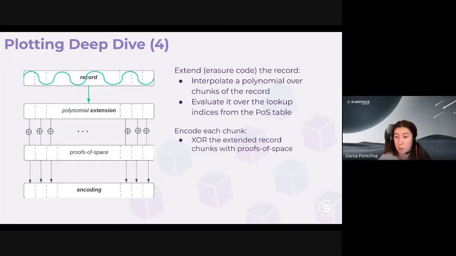We interpolate a polynomial over the record, as I've described in the KZG commitment part. We represent our original record as a polynomial, and we erasure code it by evaluating it on the indices that we've decided to query the table in. And we take those proofs from the table and we just XOR them with our data.